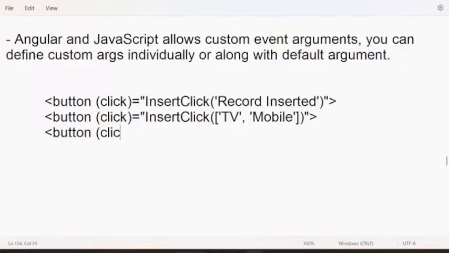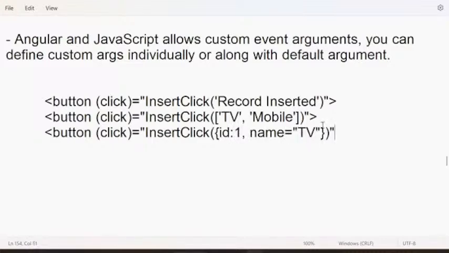Button click, I can use insert click. I can send even an object, ID is 1, some name is equal to some TV, like this. You can send anything as an event argument.